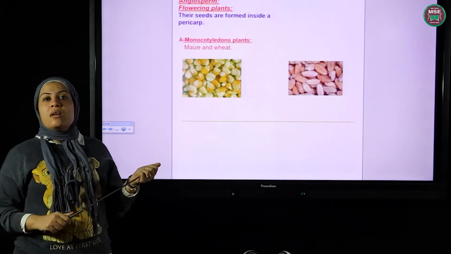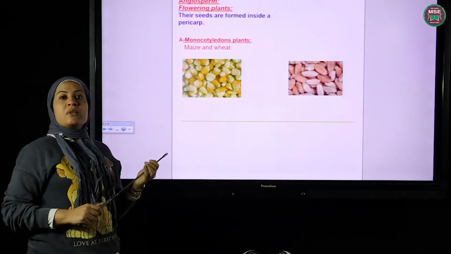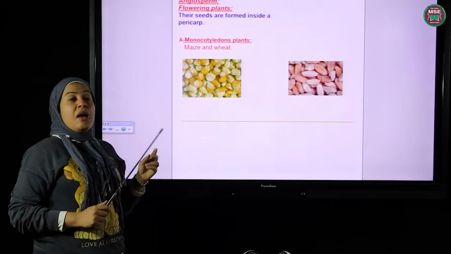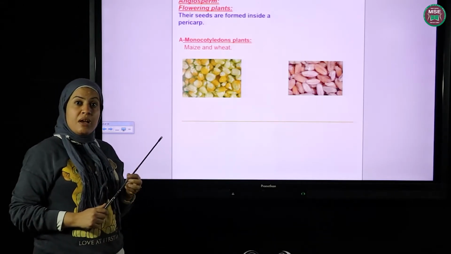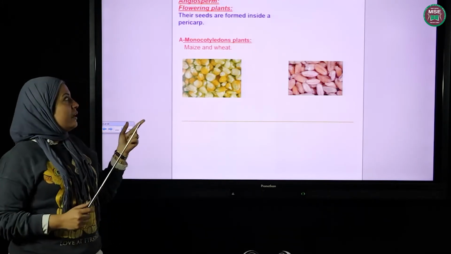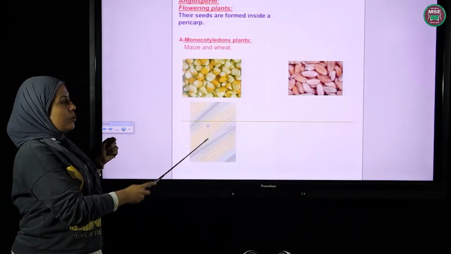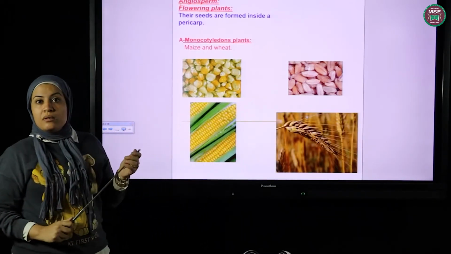This is called Angiosperms. They are called Angiosperms, okay? Angiosperms have two examples, monocotyledon and dicotyledon. Monocotyledon is where the seed is formed of only one part, like maize, which is corn, and wheat.